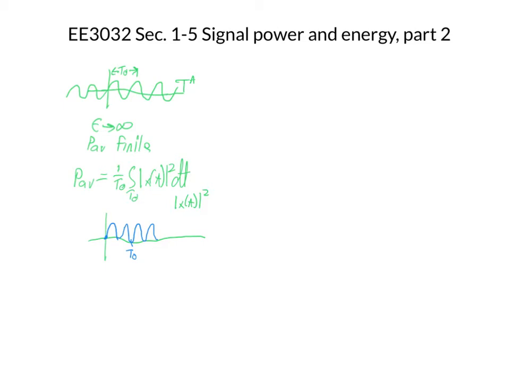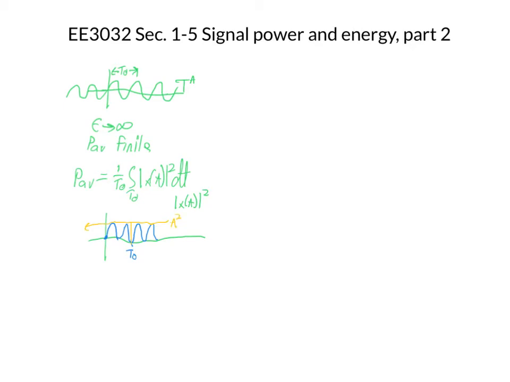Now, this integral here says this. It says take the area in one period of this squared function and then divide it by the period. So we're going to take the area. And another thing that is very useful that actually comes out of the trig identities is the area here is the area under the curve over one period. And I'm just drawing a straight yellow line going across at amplitude squared.